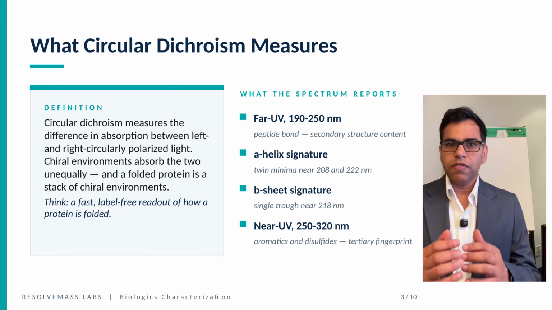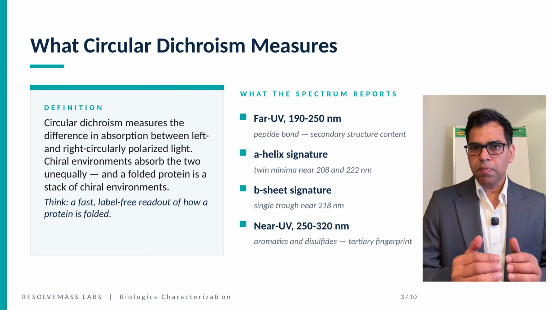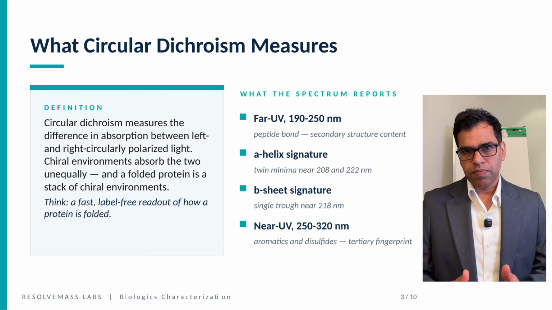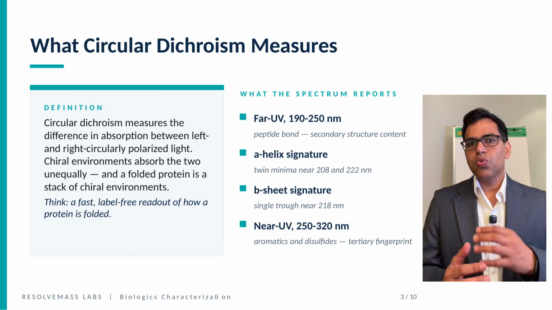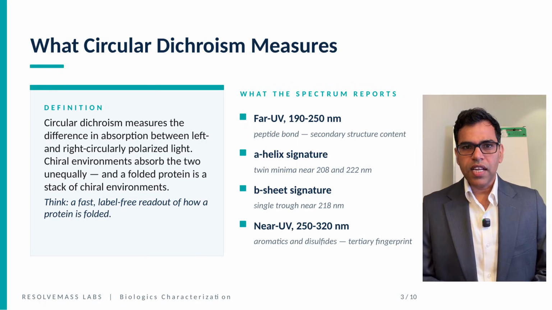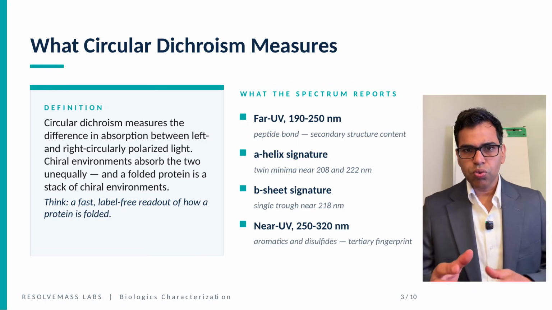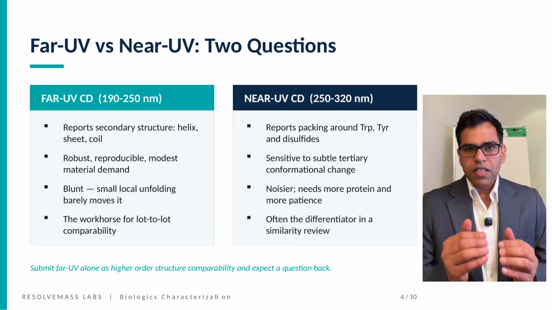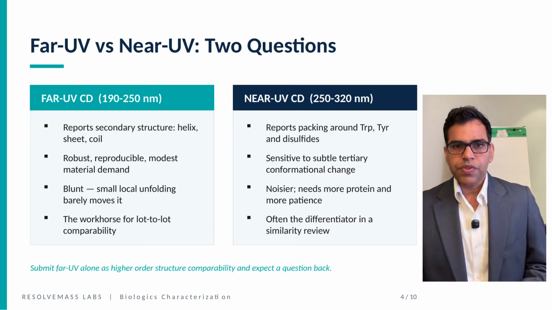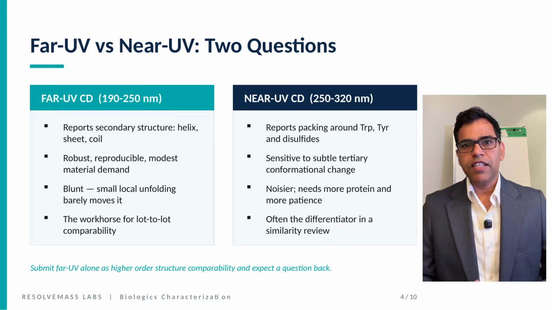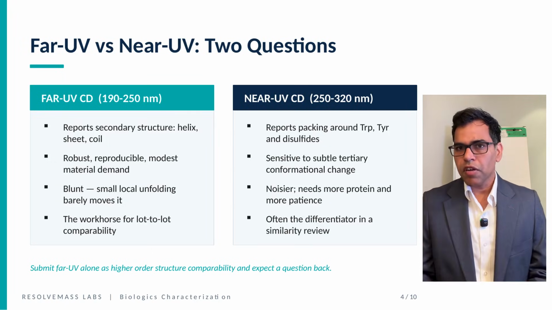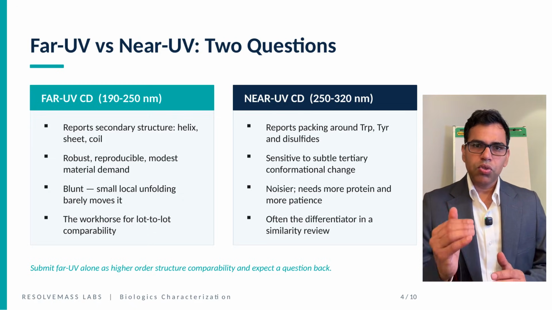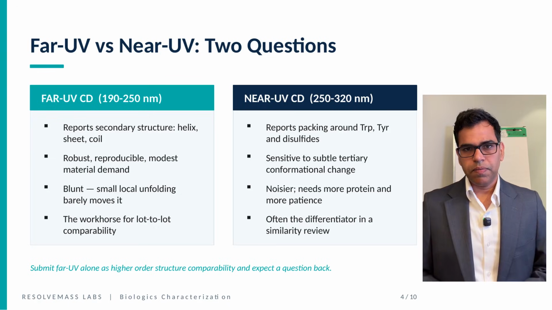Below 250 nanometers, the peptide bond dominates, and you read secondary structure. Alpha helix gives twin minima at 208 and 222. Beta sits a single trough near 218. Above 250, aromatic side chains and disulfides take over, and you get a tertiary fingerprint. 20 minutes, a few hundred micrograms, no cluster, no labels.